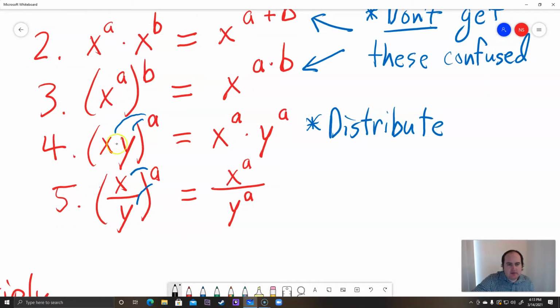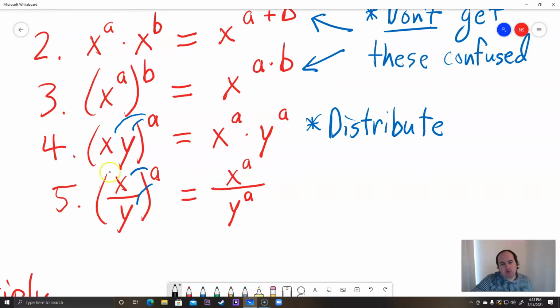Okay, so in the numerator we have things multiplied together, so we were able to distribute the exponent to each factor in the numerator. That's using rule number 4. And then in the denominator we're also allowed to distribute the exponent to each factor in the denominator using rule number 5.